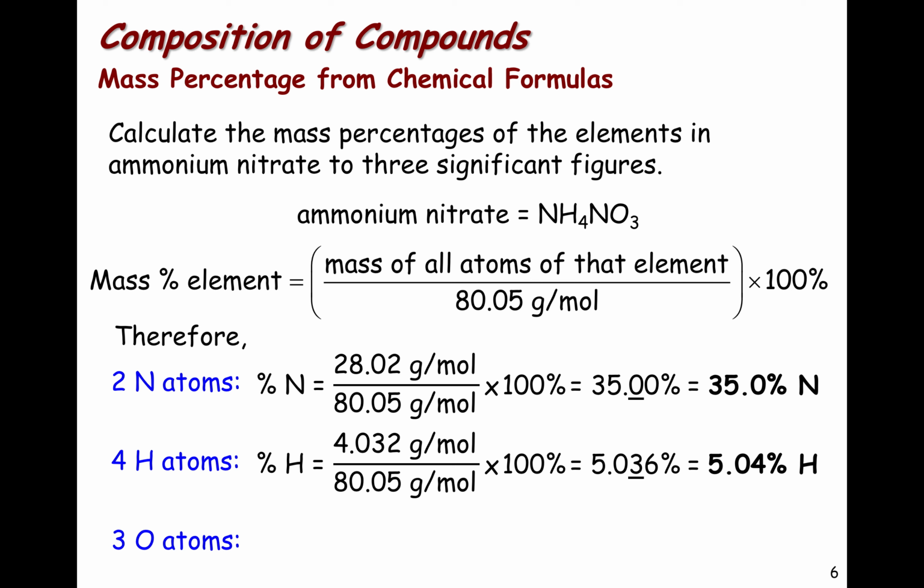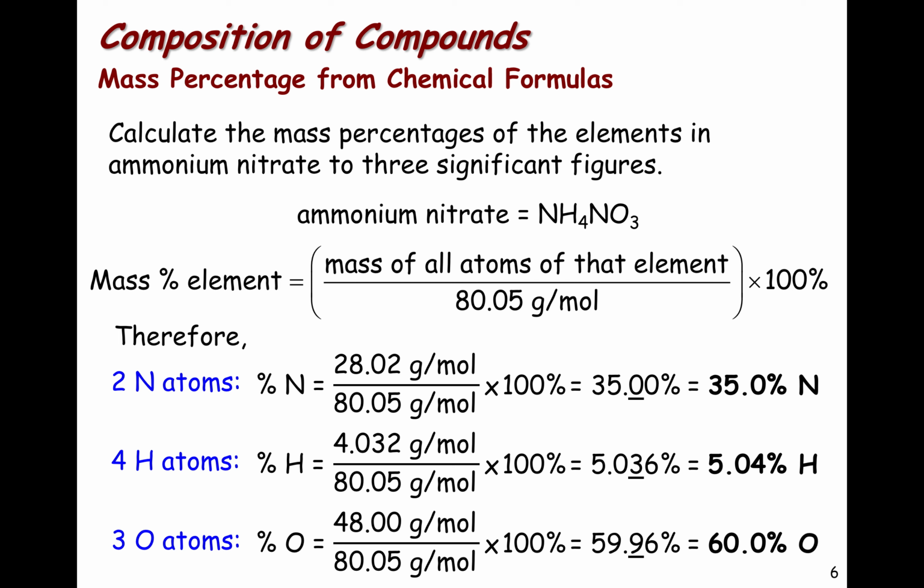Oxygen is right around 16, and so in this case 3 times 16 is 48, and then divide that by the 80.05. This is going to be a little bit more than 50%, and in this case the first insignificant digit causes us to round up. So our percentage in this case turns out to be 60.0. At this point, you should check to make sure that those total up to 100%: 35 and 5 is 40, plus 60 is indeed 100%.